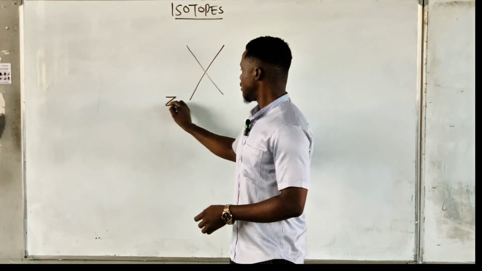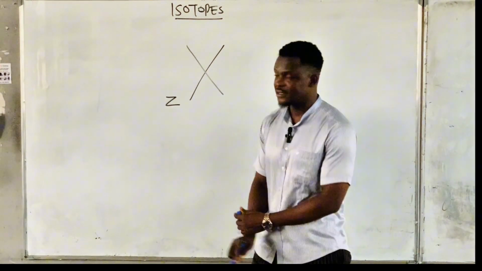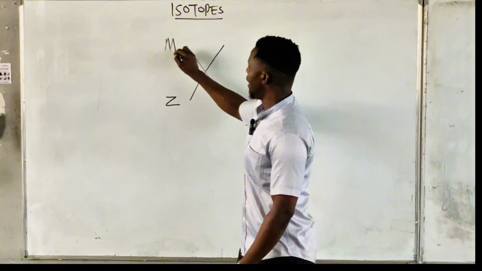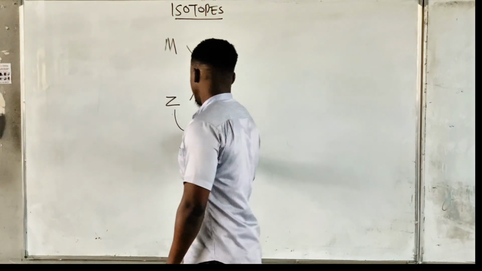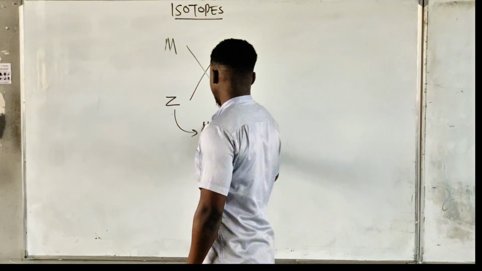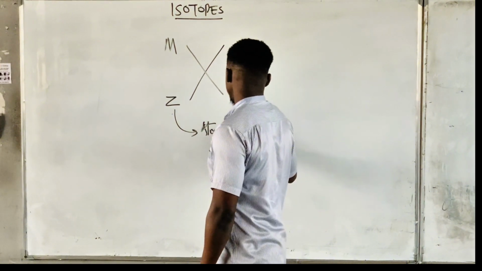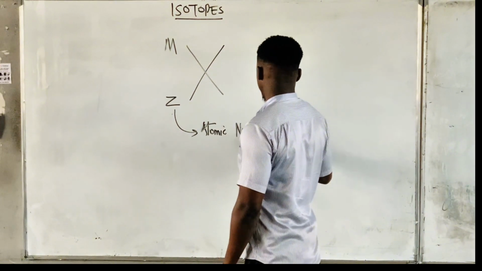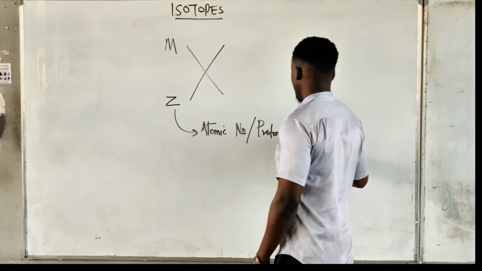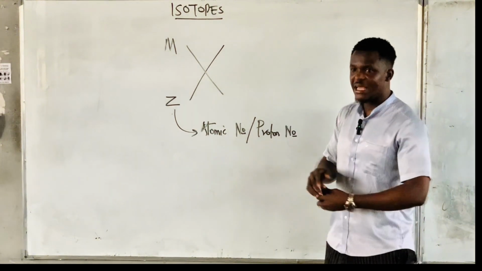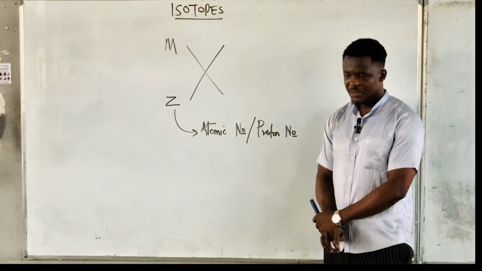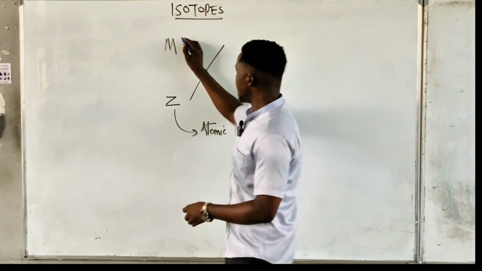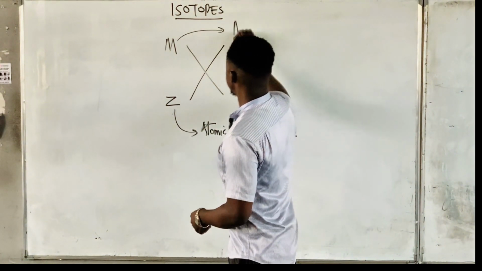The subscript we have Z, the superscript we have M. This Z is the atomic number of that atom, or the proton number. Please note that the atomic number of any atom is the same thing as the proton number of that atom. Take note of that. M here is the mass number.